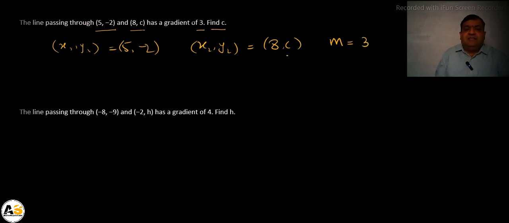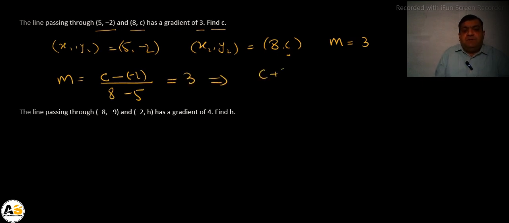You need to find this c. By using the formula, m is equal to y2, which is c, minus y1, which is minus 2, over x2, which is 8, minus x1, which is 5, and this gradient is equal to 3. From here we will simplify. c plus 2 over 8 minus 5, which is 3, is equal to 3, which implies c plus 2 is equal to 9, which further implies c is equal to 7.